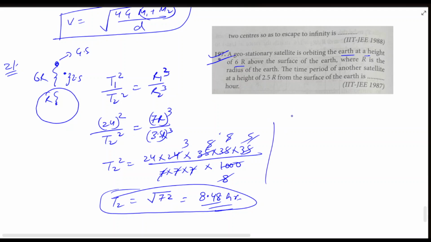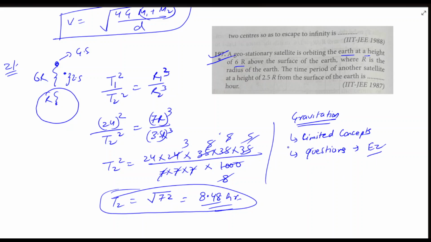As you can see in the chapter gravitation, the concepts are very limited. So we have limited concepts. Okay. And overall the questions are easy, not even moderate. So always try to attempt those questions. And of course, gravitation is similar to our chapter electrostatics from class 12th, right?